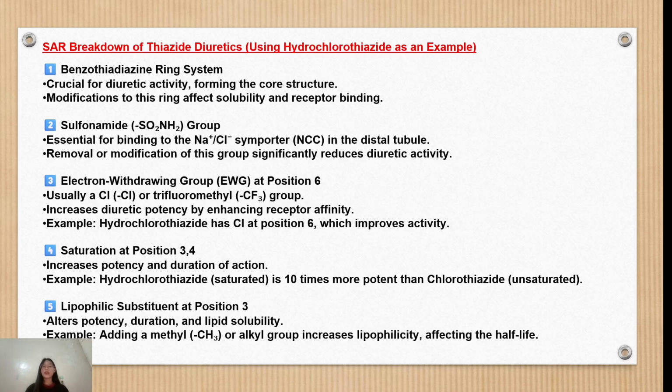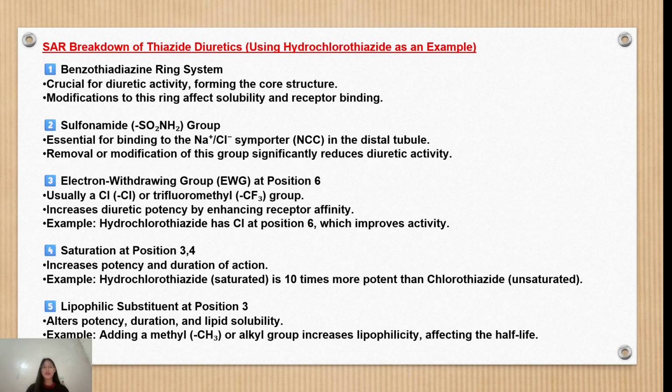SAR breakdown of thiazide diuretics using hydrochlorothiazide as an example. First is the benzothiazine ring system, crucial for diuretic activity, forming the core structure. Modifications to this ring affect solubility and receptor binding.